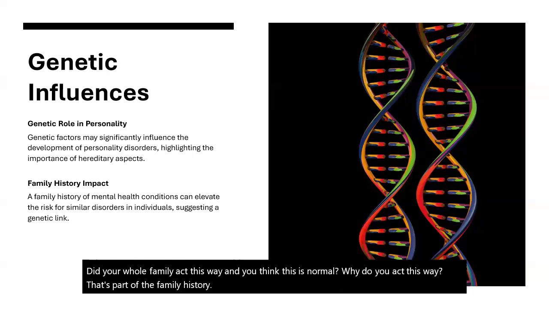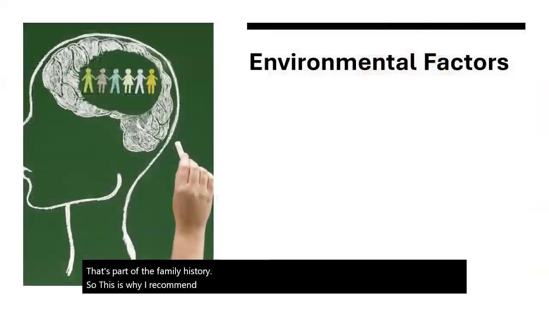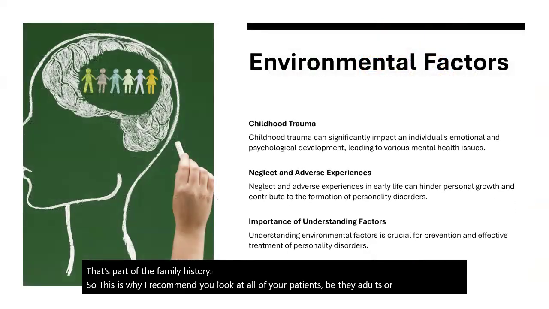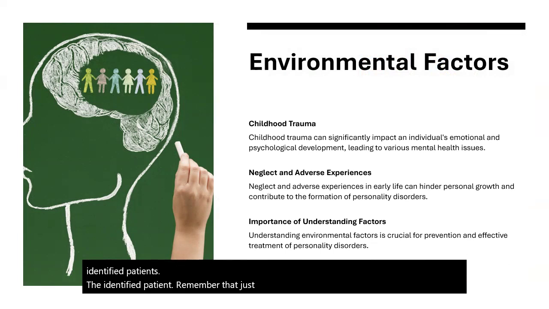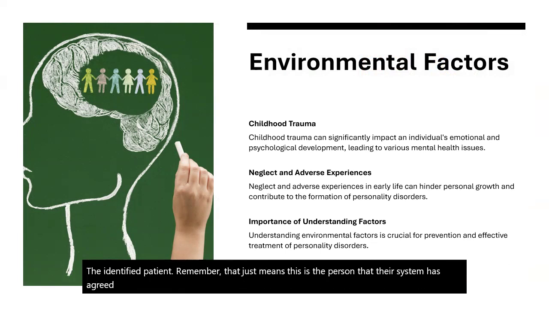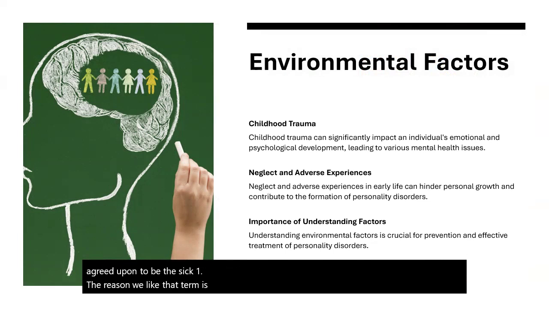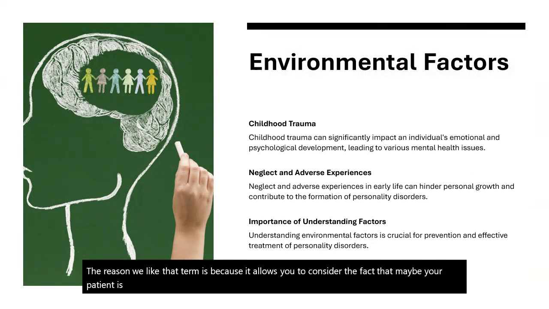So this is why I recommend you look at all of your patients, be they adults or children, as identified patients. The identified patient, remember, just means this is the person that their system has agreed upon to be the sick one. The reason we like that term is because it allows you to consider the fact that maybe your patient is normal given the context from which they come.